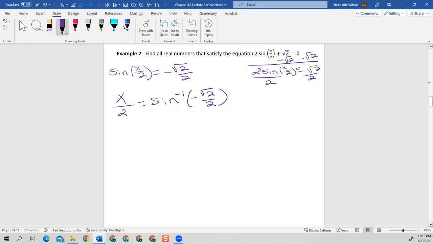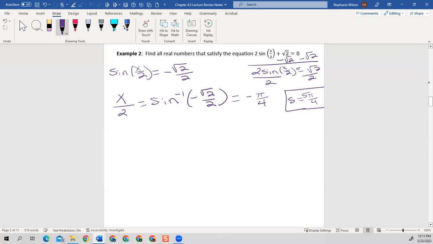So that's going to give me a negative pi fourths. Okay, so now that I have that, we can figure out on the unit circle where that specific spot is. If I go to the unit circle, I get a value of 5 pi fourths. I typed it in the calculator and I get a negative pi fourths, because I took the inverse of it.